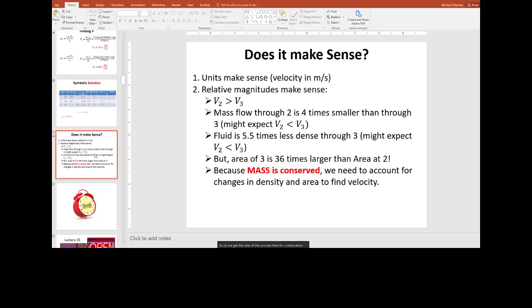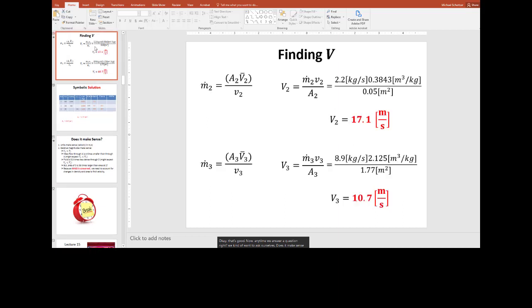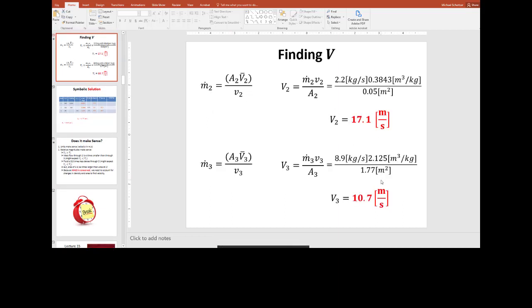Okay, that's good. Now, anytime we answer a question, we want to ask ourselves, does it make sense? And here, it's a little tough because I know the signs and I know the units, but I don't really have a sense of the magnitudes necessarily, right? But I do get units that are distance per unit time, which makes sense for a velocity.